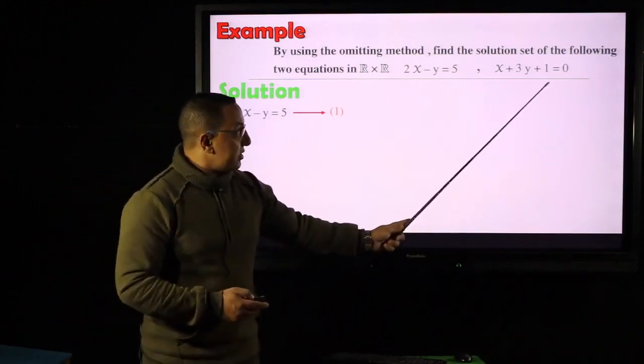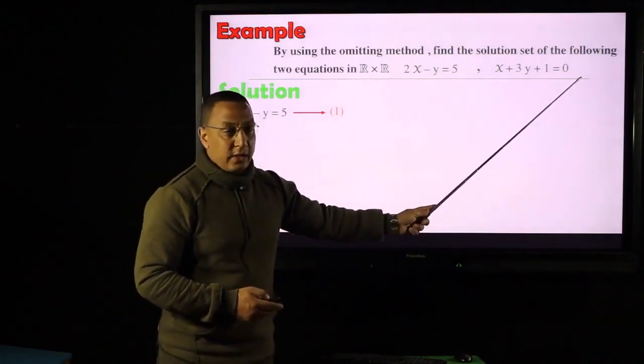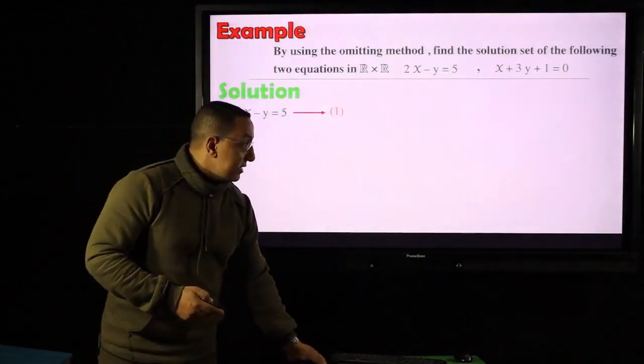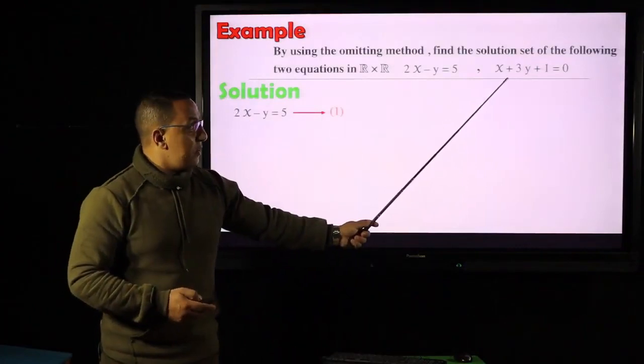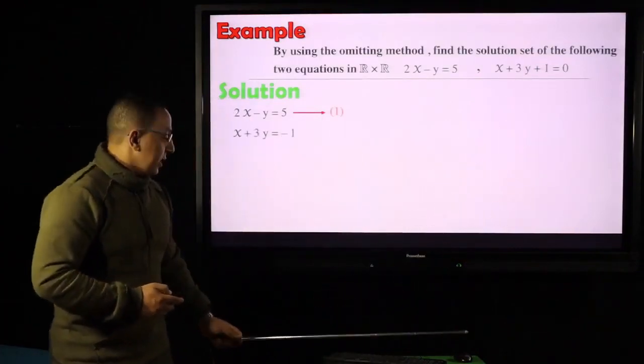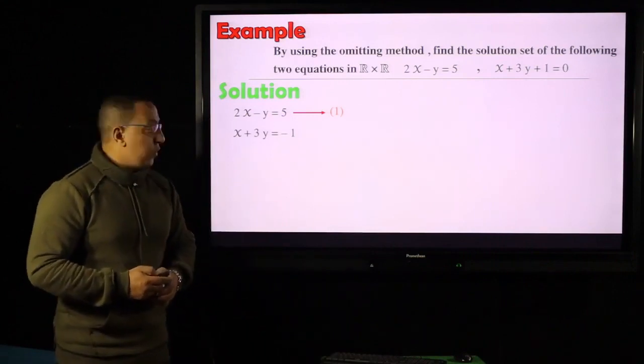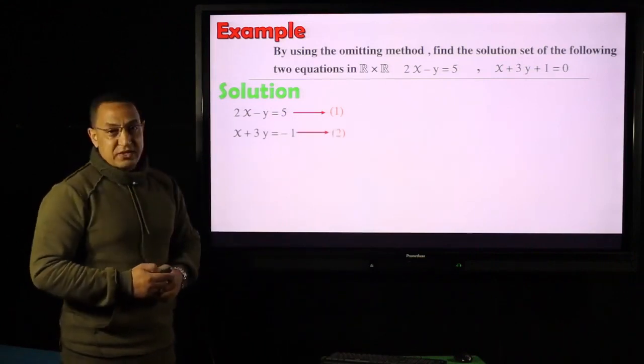So I need now to send 1 to the right side. So the equation will be x plus 3y equals negative 1, like this. This is the second equation.